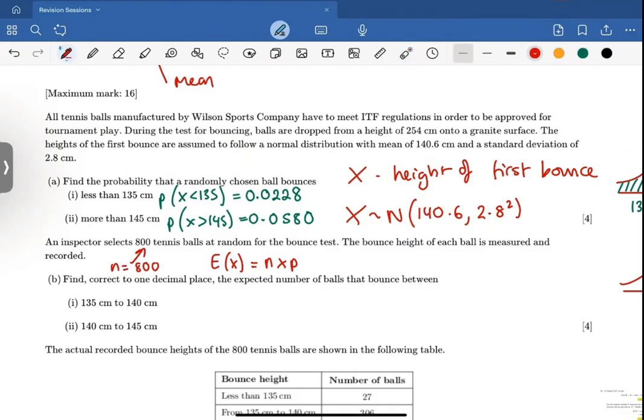So let's work those out as well. So the probability that a ball bounces between 135 and 140. So back to our calculator, and we also want to know the probability that it's between 140 and 145. Okay, so I'm going to write both of these things down so that I can do them in one go.